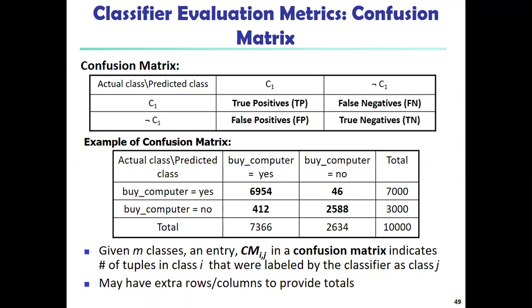The confusion matrix consists of these 4 observations: one is true positive, one is false negative, this one is false positive, and this one is true negative. TP, FN, FP, TN are the abbreviated forms.